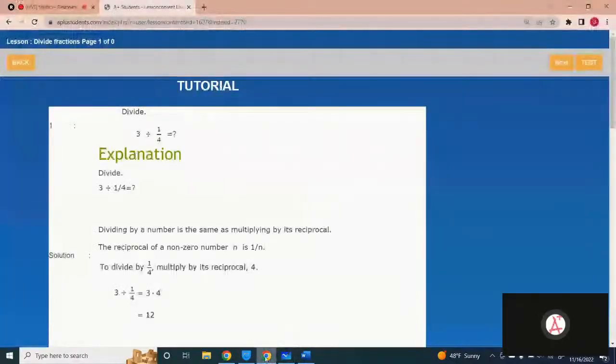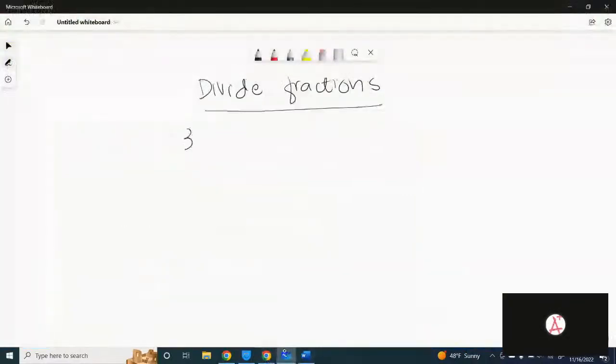Okay, the first one is 3 divided by 1 over 4. When you are working on dividing fractions, that would be very easy. You have to convert that division sign to multiplication. Just replace the division sign with the multiplication one.